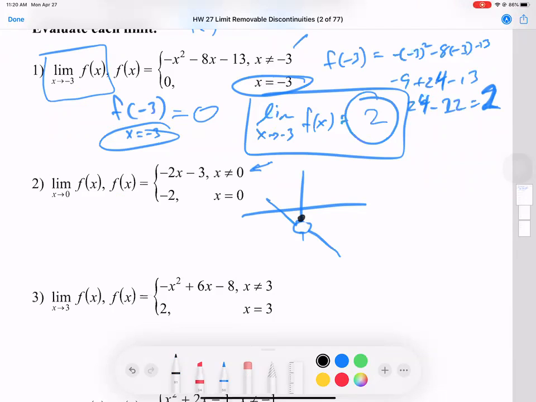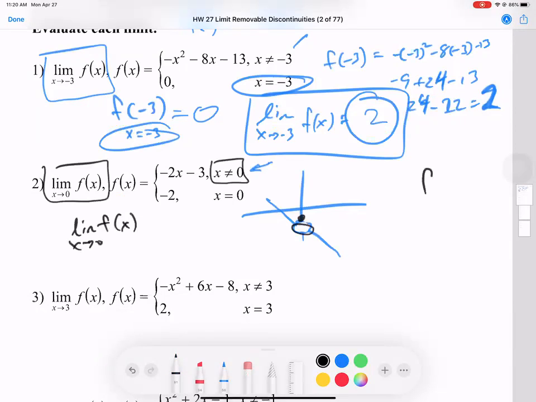So you can get the answers from the graph. But our goal is to not get it from the graph. Our goal is to say, hey, reading the given situation, the situation says this graph exists everywhere except at 0, so it's going to be a hole. So what will the graph look like when x was 0? What is the limit as x approaches 0 of f of x?